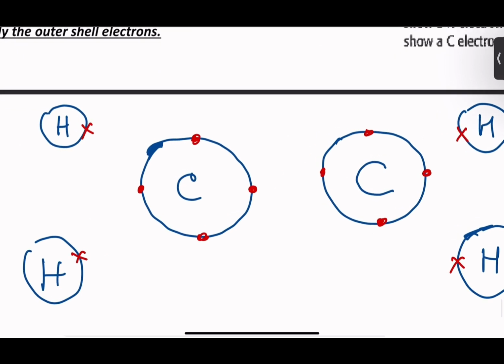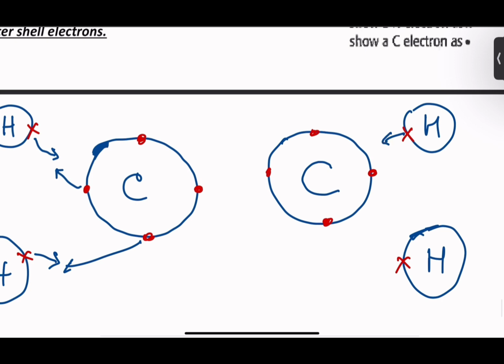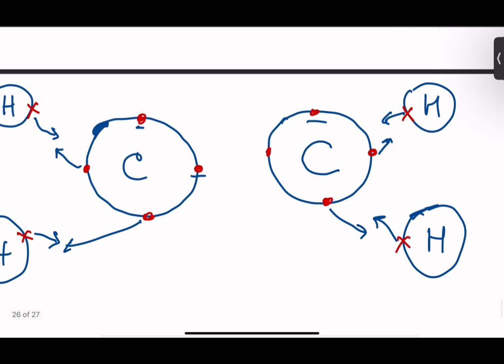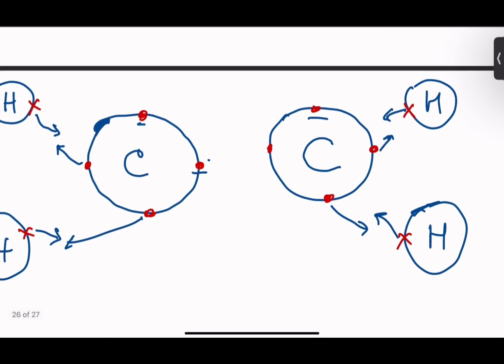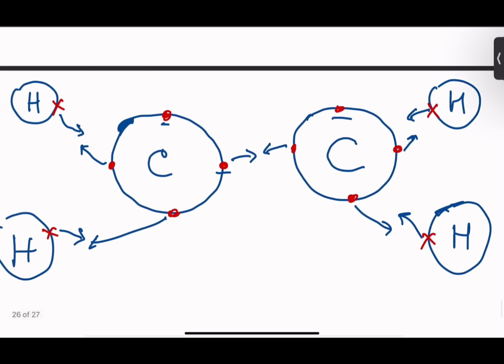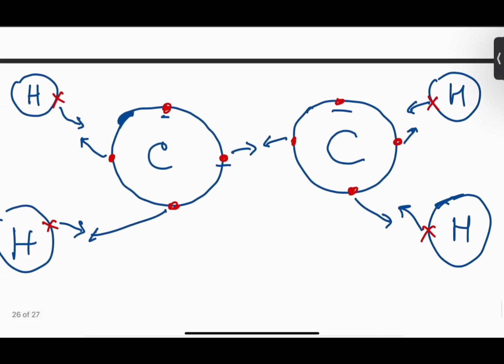Currently the electron from hydrogen and the electron from carbon get shared, and this one gets shared, and then we have the same thing over here. And look here, now I have 2 electrons if I share 1 electron from each one. Let's count the number of electrons around carbon.